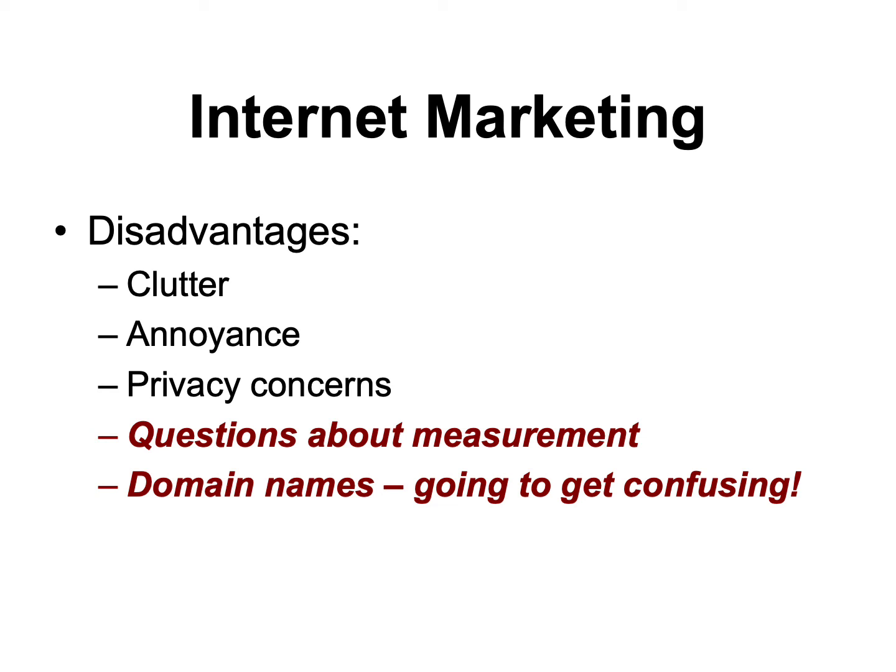Now I know there's .net and .org if you're a nonprofit organization, .edu if you're a school, and things like that. But essentially what we're coming to is the point where it could be things like .pepsi, .coke, or whatever the name of the company is, which can make it a little bit more challenging. The idea of domain names themselves, I think, are going to get very cluttered and very confusing as well.